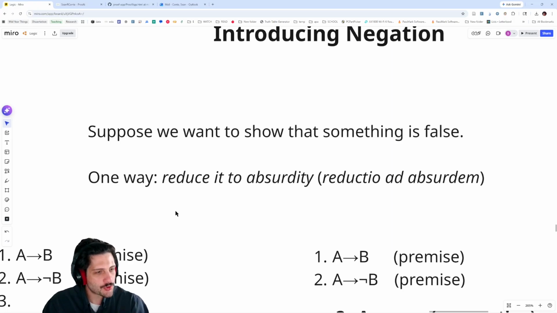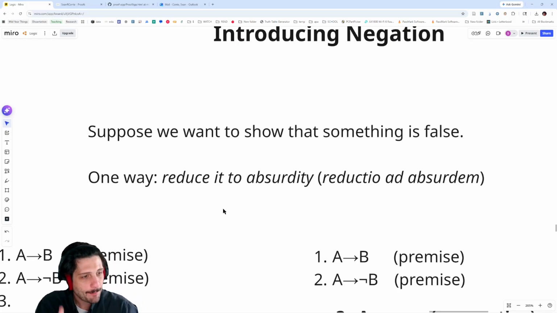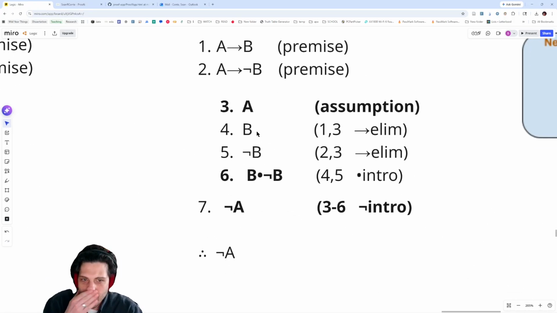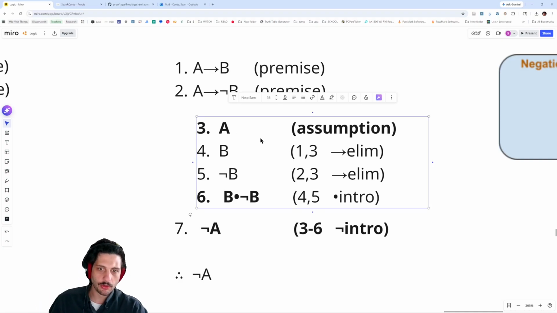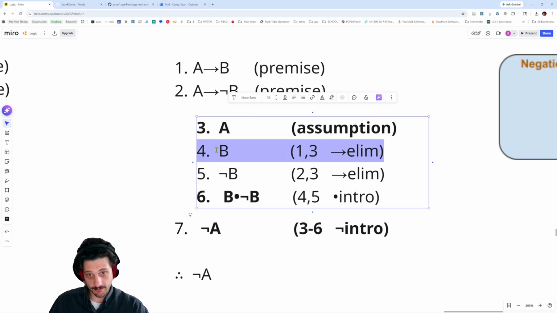So that's what we're going to be interested in. We're going to be trying to show that we can make an assumption, and based on showing that that assumption leads to something ridiculous, we should reject that assumption in the first place. So in this case, I might say that, okay, I want to prove that A is false. So I'm going to assume that A was true. And based on assuming that A is true, I know that must mean B is true.